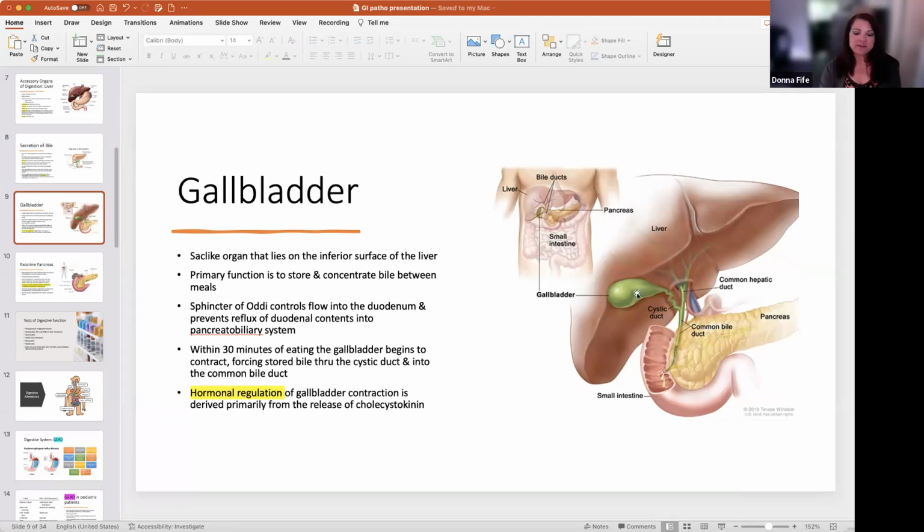Now, within 30 minutes of eating, the gallbladder begins to contract, which forces that stored bile through the cystic duct into the common bile duct, which you can see right here. The hormonal regulation of the gallbladder contraction is derived primarily from the release of cholecystokinin.